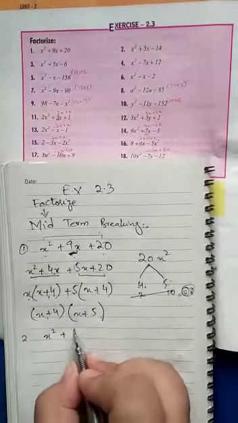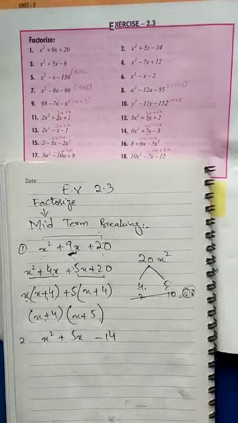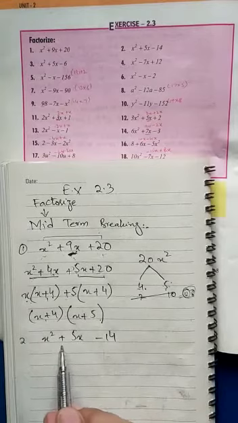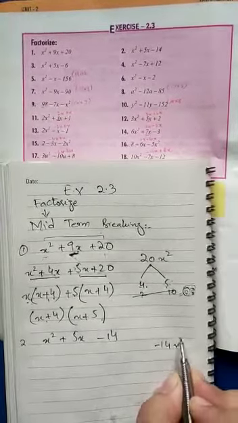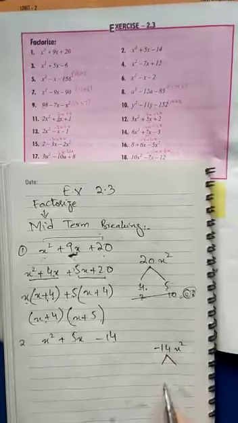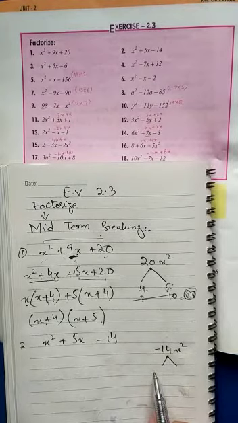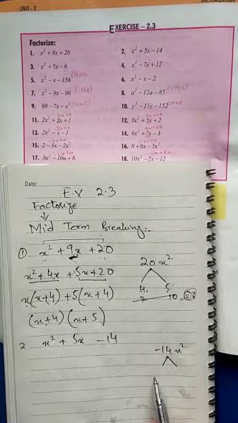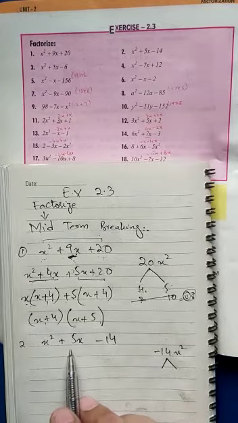x square plus 5x minus 14. So here we can see again the last product is 14 x square. We need to make the factors of 14 in such a way that when we add or subtract these factors, we get the 5x.